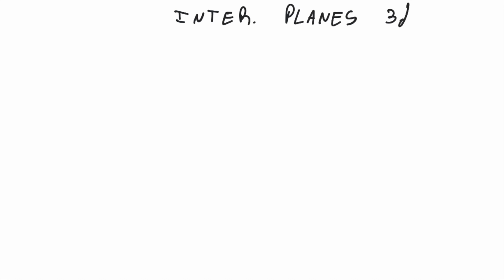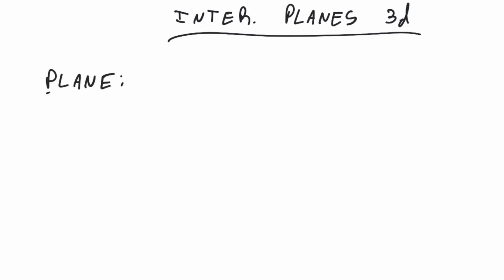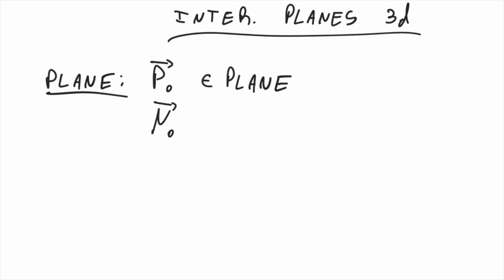A plane in 3 dimensions can be given by a point P0, which belongs to the plane, and a normal vector N0, which is orthogonal to the plane.